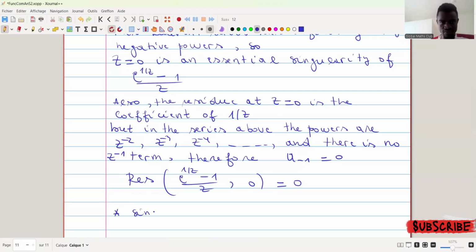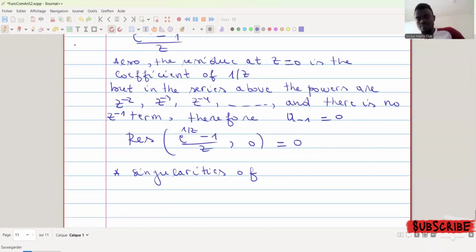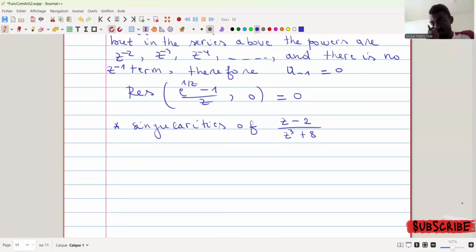Now, the singularity of this one. Basically, when we are looking for the singularity, we are looking for the solution of the denominator.